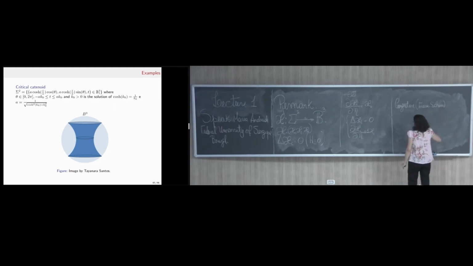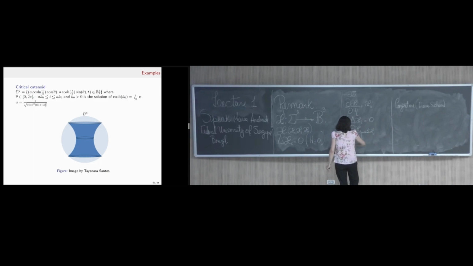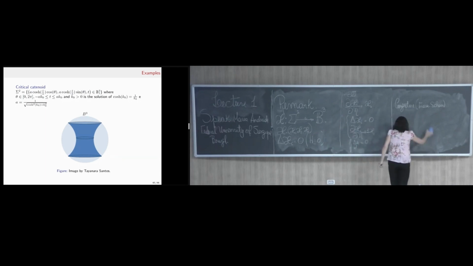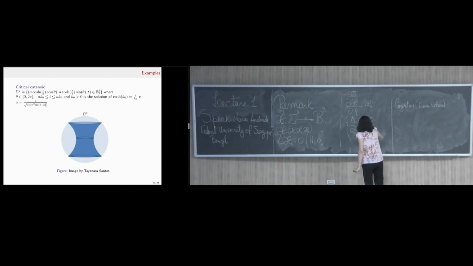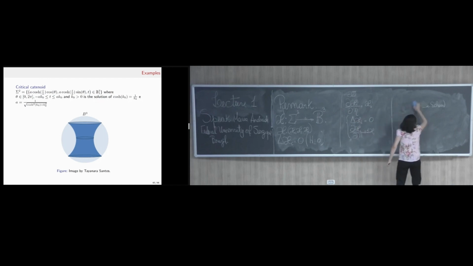You have a free boundary minimal surface, and suppose that you have a function defined on the surface that satisfies this expression. I will put it here bigger because I think it is better to read, as here it is very small for you.